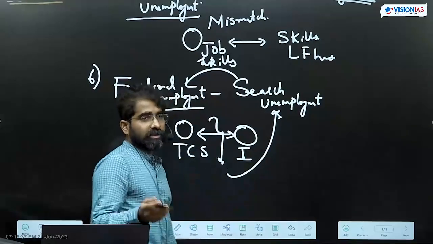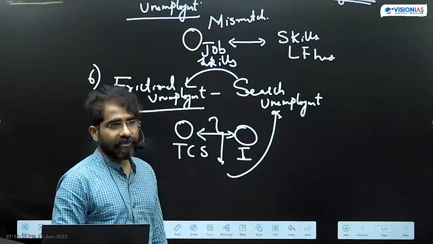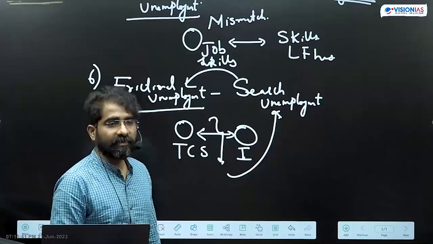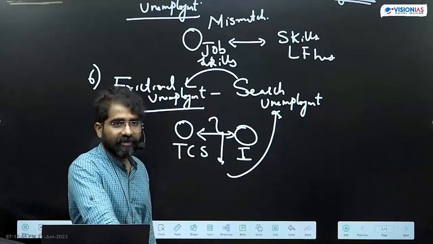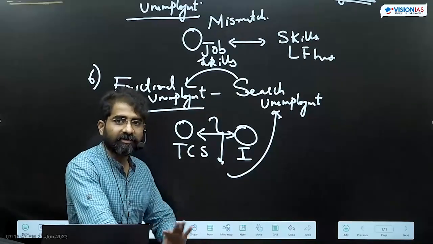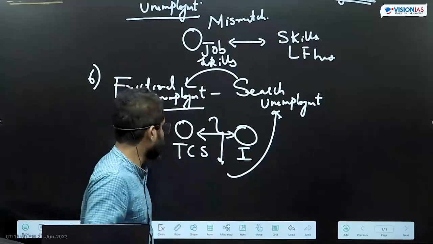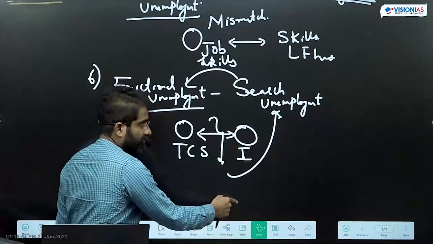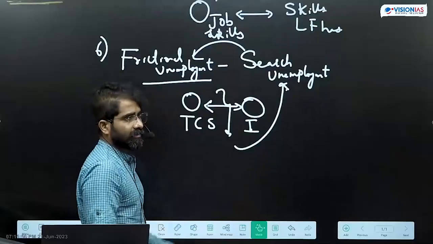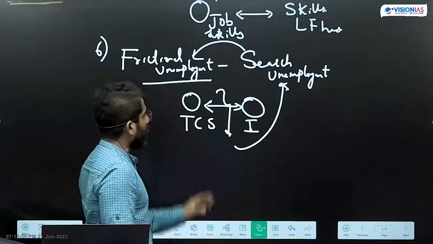It can happen, suppose you have got some campus placement. You decided, no, let me work for 1 year and become an IAS officer. So for the next 1.5 years, you decided to be idle, searching for a better opportunity in government. This is also a kind of frictional unemployment. So frictional unemployment can be voluntary, you are looking for better opportunities, or he kicked you out.